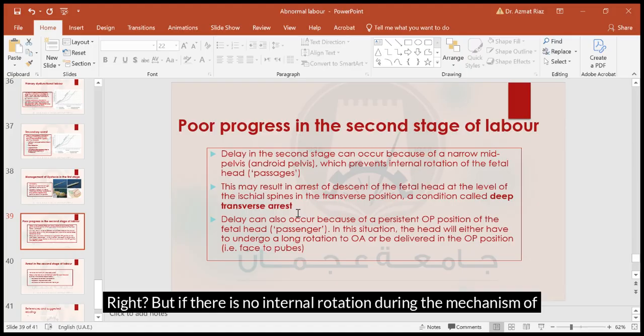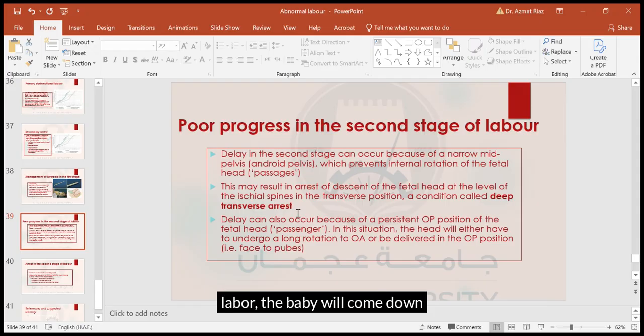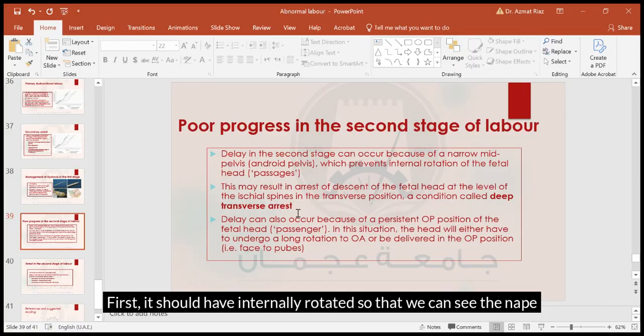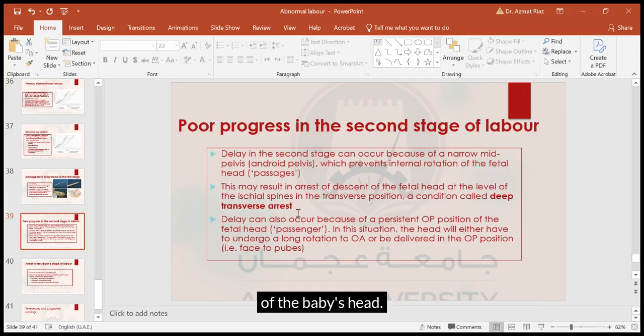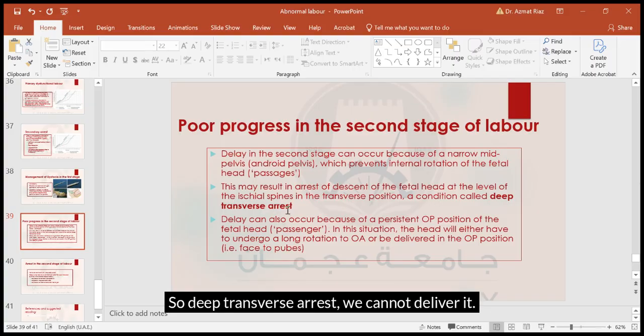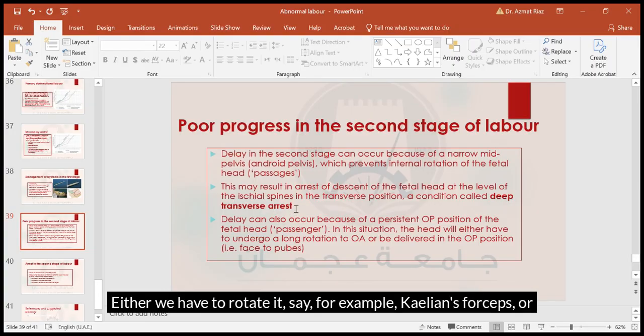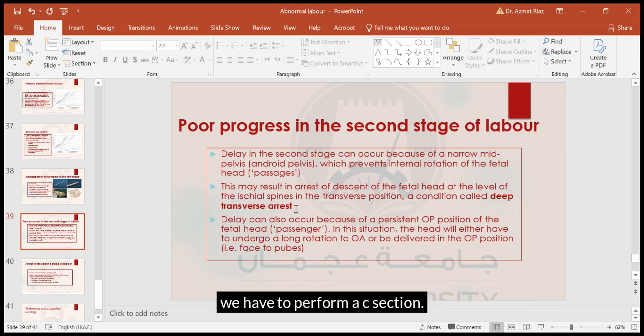But if there is no internal rotation during the mechanism of labor, the baby will come down as deep transverse arrest. Because the baby's head is delivered by extension, it should first have internally rotated so that we can see the nape of the baby's head. So with deep transverse arrest, we cannot deliver it. Either we have to rotate it, for example with Kielland's forceps, or we have to perform a C-section.